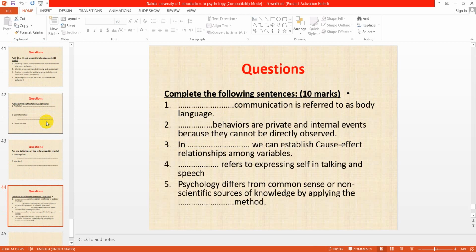Now, the third type of our questions. Complete the following sentences. Communication is referred to as body language. Fill in the space. Behaviors are private and internal events because they cannot be directly observed. Fill in the space. We can establish cause-effect relationships among variables.